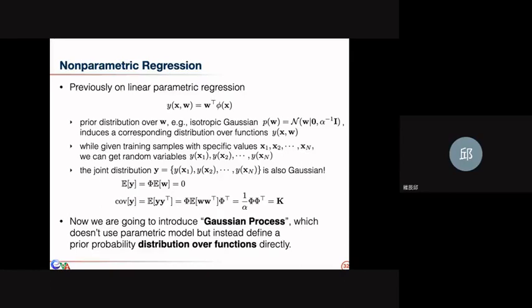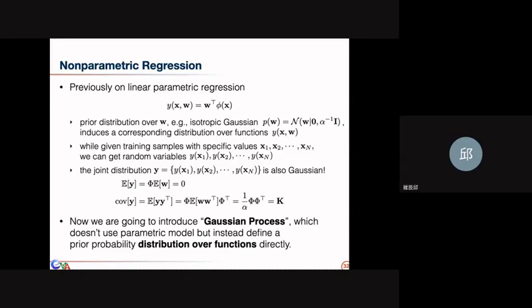So my prediction of y for this test data point x2 should be somehow similar to the y1 related to x1 in my training data.